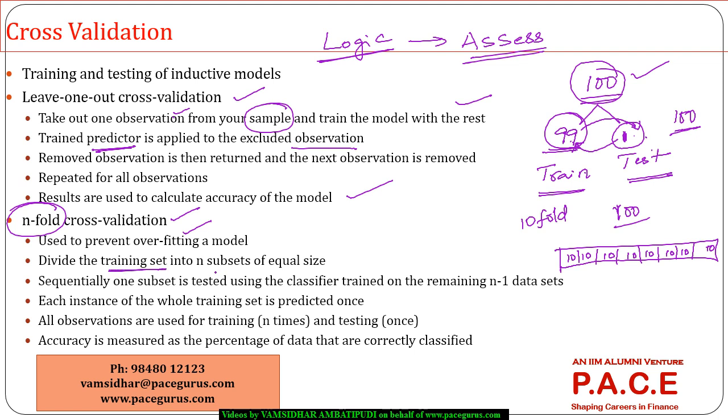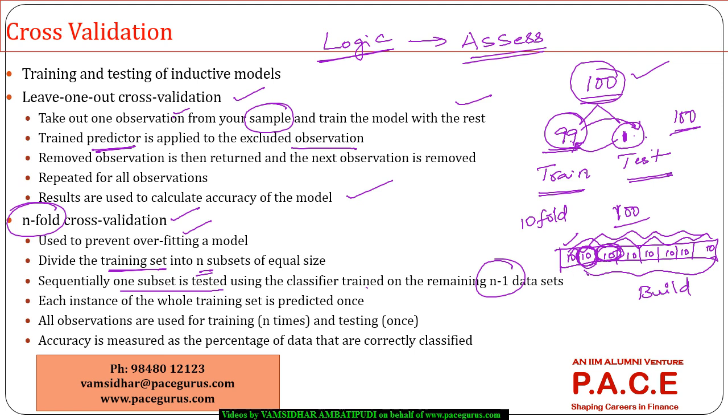I divide the training set into n subsets of equal size. Sequentially, one subset is tested using the classifier trained on the rest. So now I'll use these 90 to build the model and test it on these 10. After that, this will become the test set, and I'll build the model with the remaining 90. After that, the next one becomes the test set, and the model is built with the remaining 90.